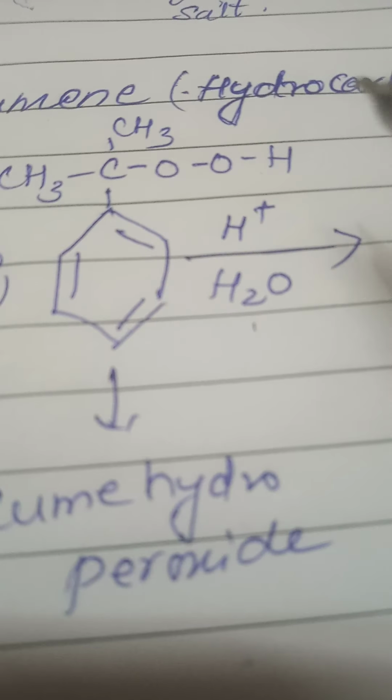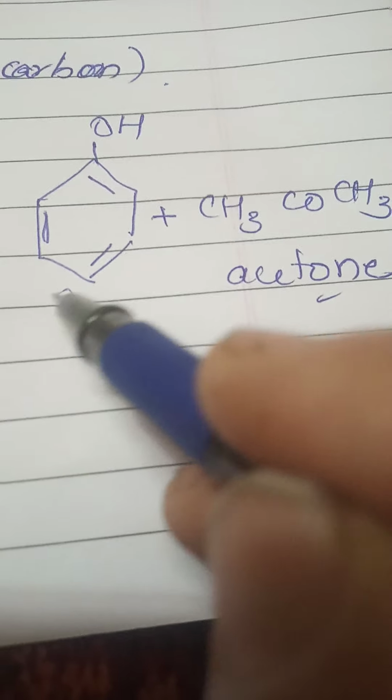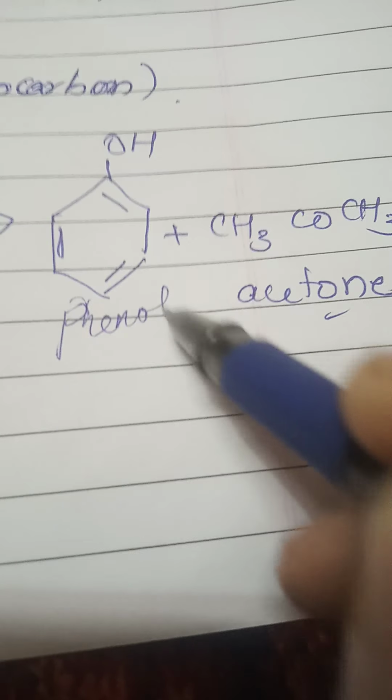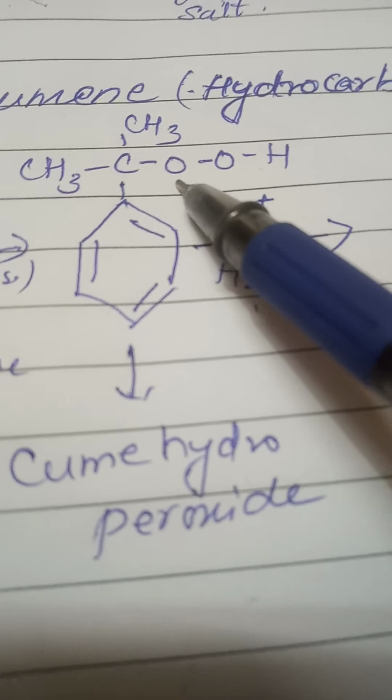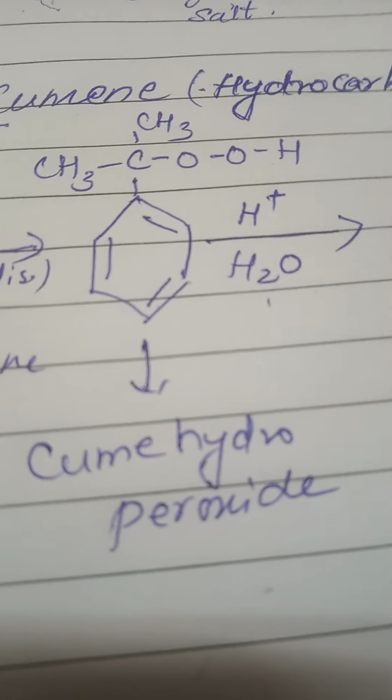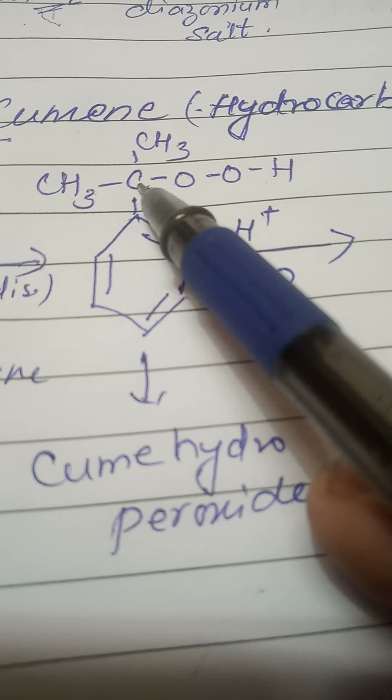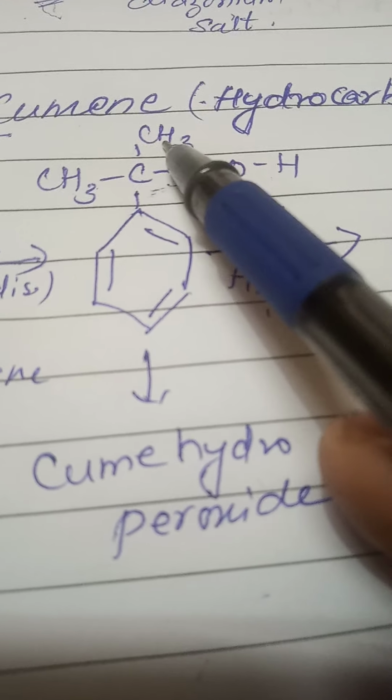Now you will get two important products when it is treated with acid. One is phenol and another is acetone. Phenol is the main product which you have to obtain, and another is acetone. How you get them: first see the acetone, CH3COCH3.